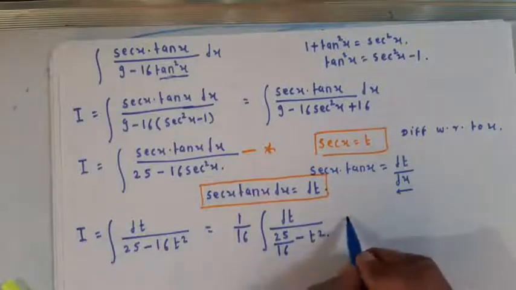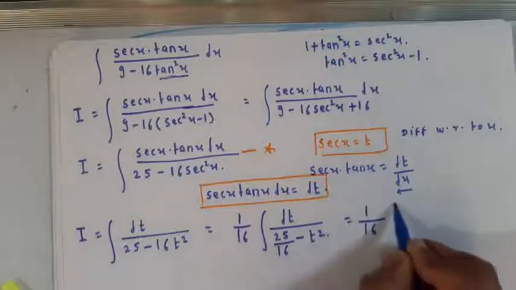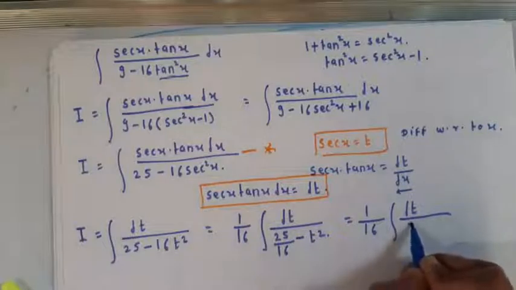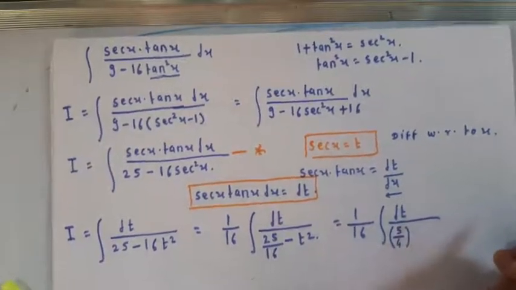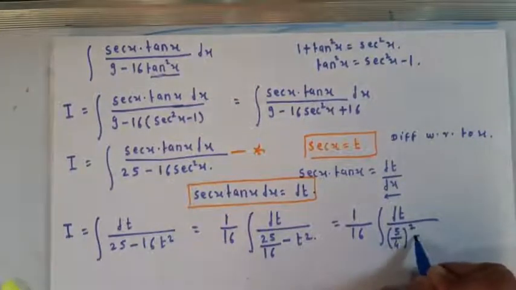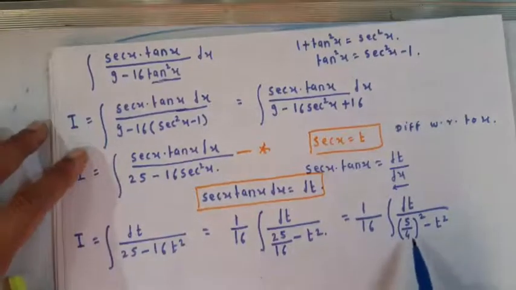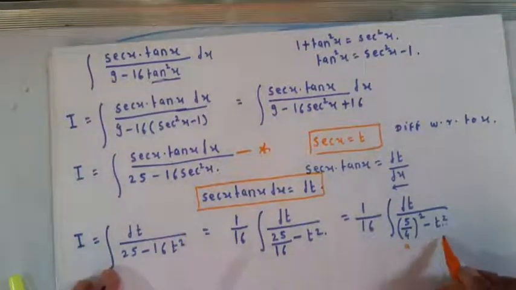And now this is of the form 1 by 16 integration of dt upon 5 by 4 whole square minus t square with respect to t. Okay students, this is a square minus x square form. Suppose this is a and this is x.